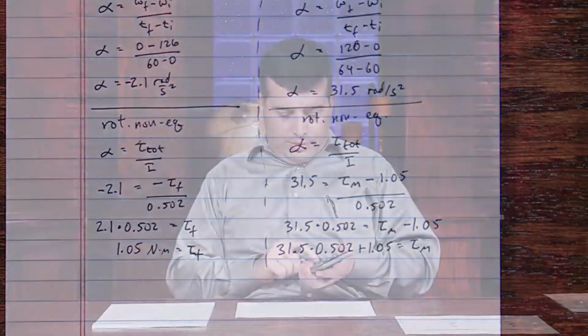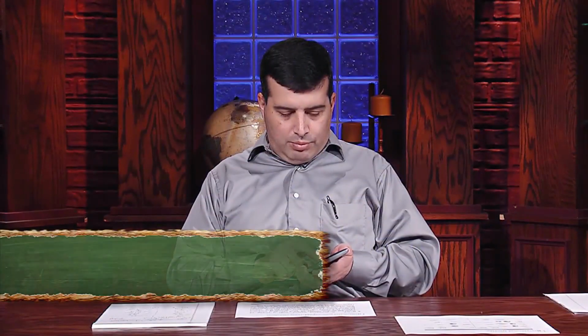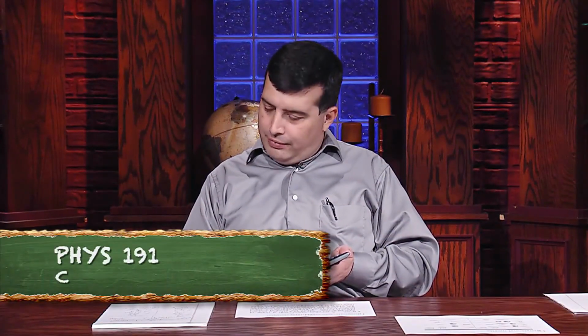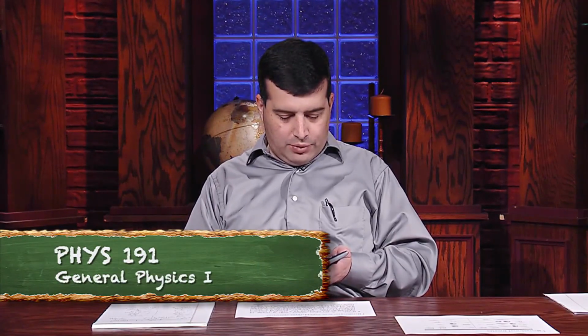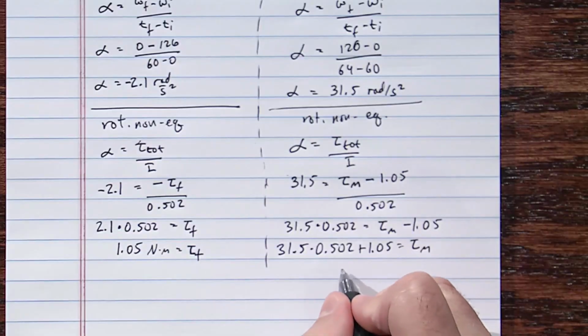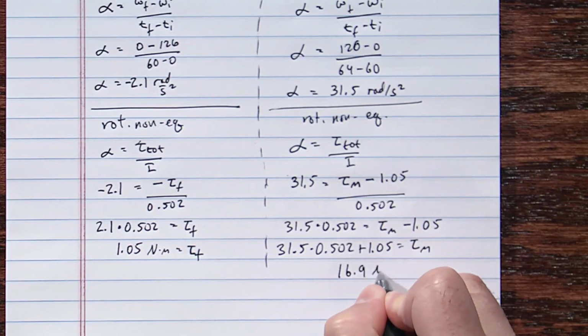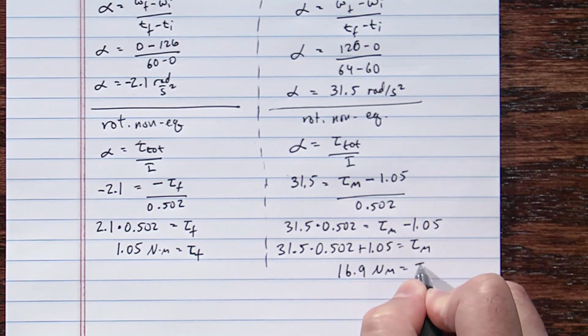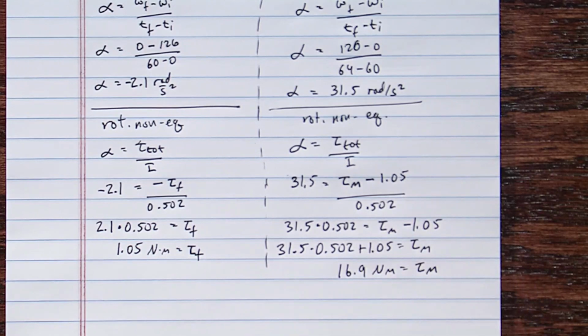And that comes down to 31.5 times 0.502 plus 1.05. That is 16.9 Newton meters, the torque of the motor.